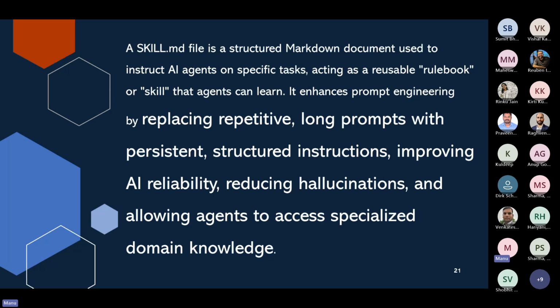Whatever I have just explained, replacing repetitive long prompts with structured instructions, is all in the skill file. Sitecore is also using a content creator and a bulk content generator, which are very structured.